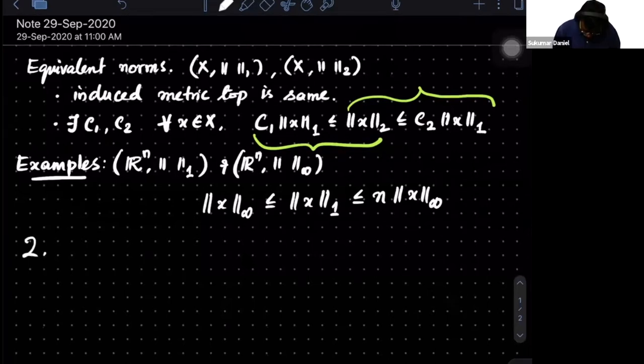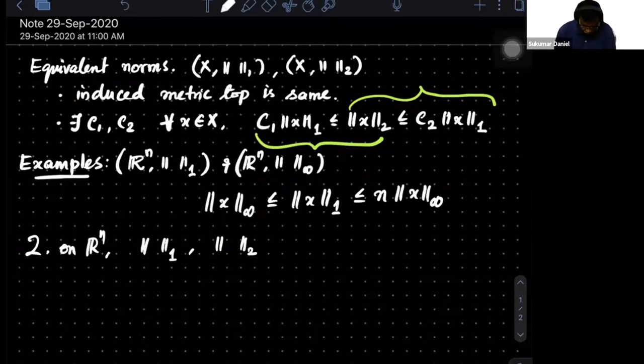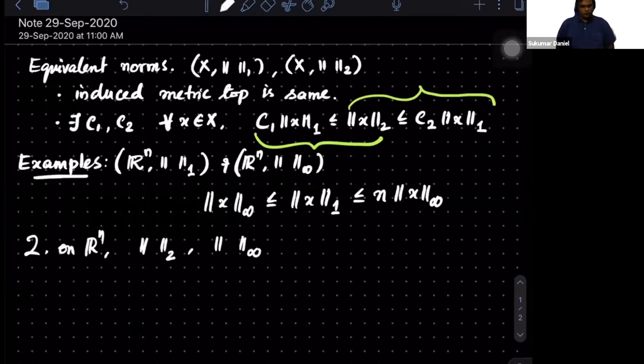So as a second example, how about comparing on Rn the 1 norm and, let's say, the 2 norm? Yeah, how many of you answered for this? Or if it is difficult, maybe I will change it. How about say the 2 norm and the infinite norm? So what is the 2 norm?